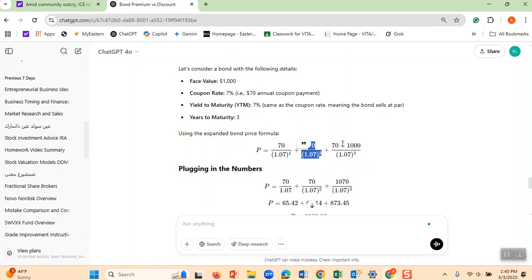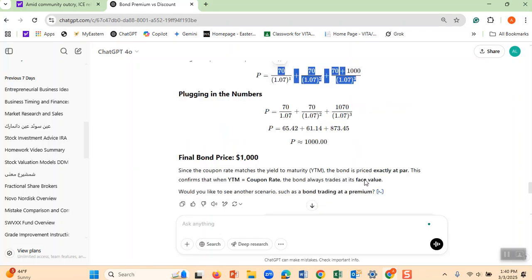And after 3 years, it gives you a coupon payment of $70, plus he gives you your $1,000 back. At that time, the bank also gives you 7%. Do you see that? Therefore, here is 1.07, and this is then the price of this bond, when you do the calculation, it is exactly $1,000.